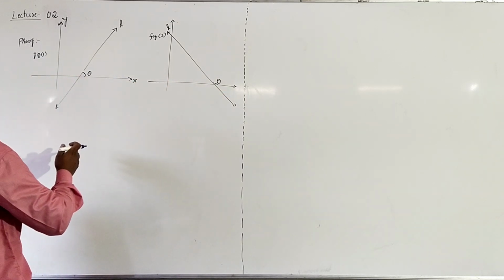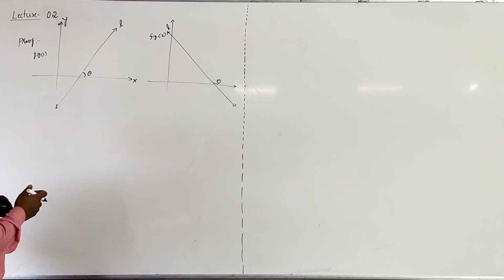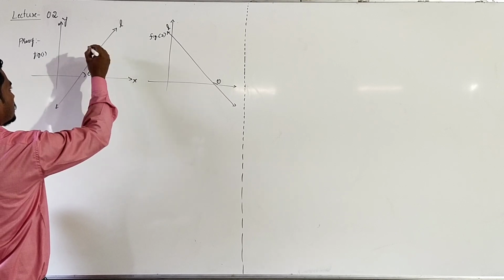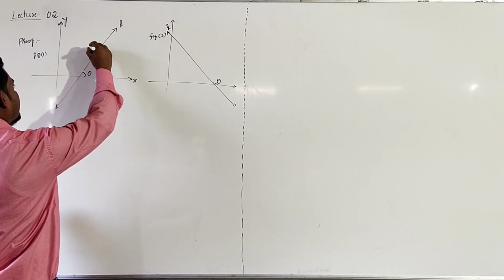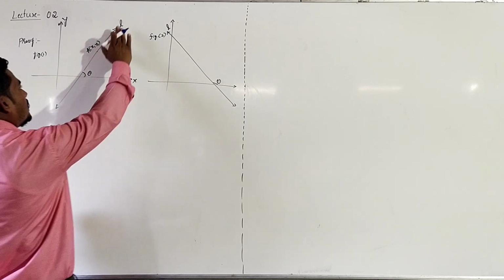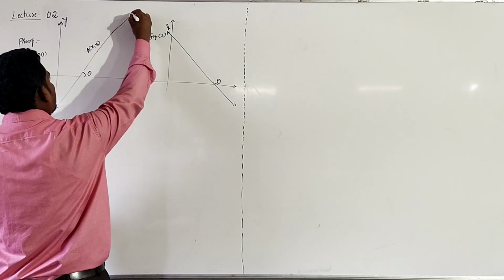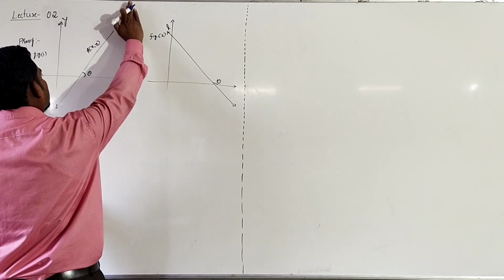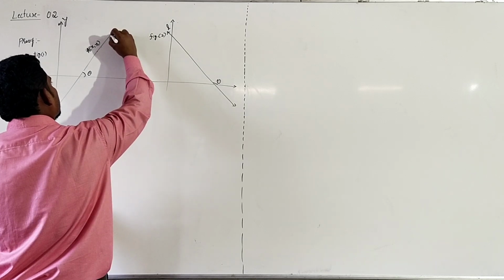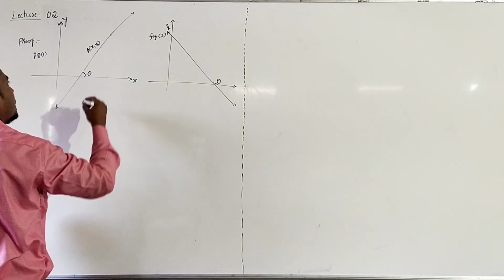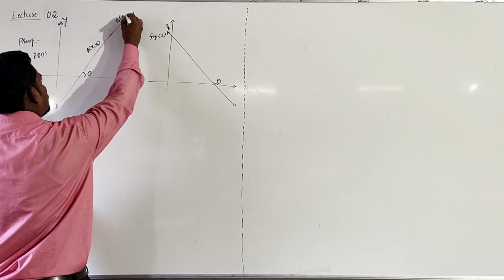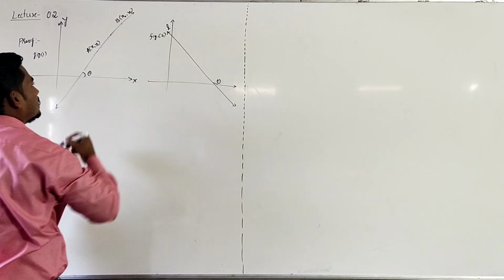After that, take 2 points: A of x1, y1, which is one of the points, and one more point B, which is B of x2, y2, right?